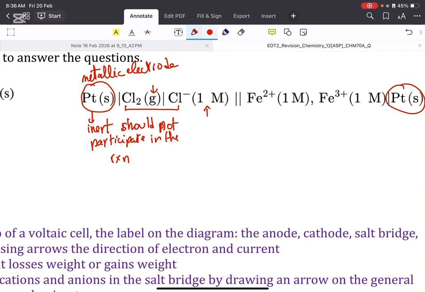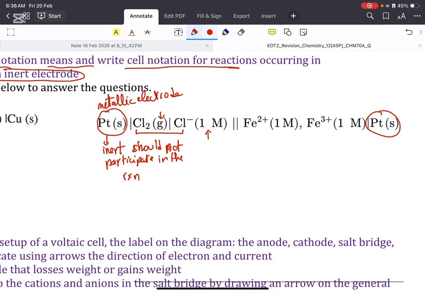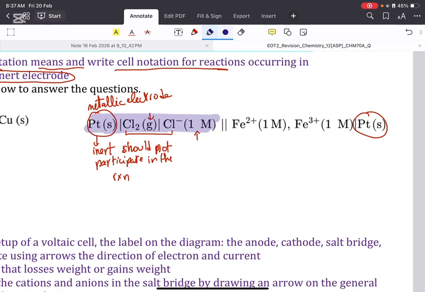We don't want to change the results of the reaction. It is just there to allow the anode. The anode is usually represented on the left side of the cell notation. It's simply going to allow the electrons coming out from the anode to go toward the cathode. So they need a medium. So we put an inert electrode.